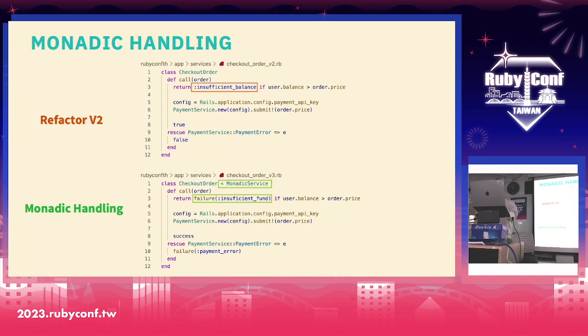We do the same, returning insufficient balance, which the controller or the caller needs to know about as an error. Now we wrap it into the value, and it's just one type of response. So the caller doesn't need to know too much about what we did inside the invoker.